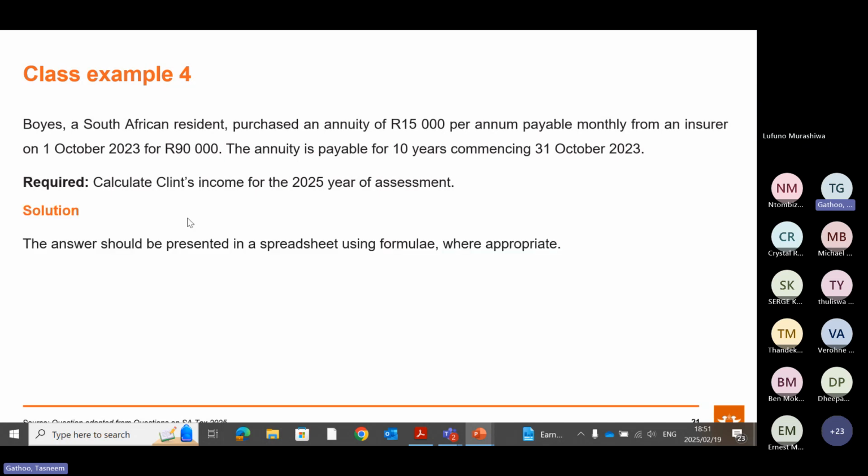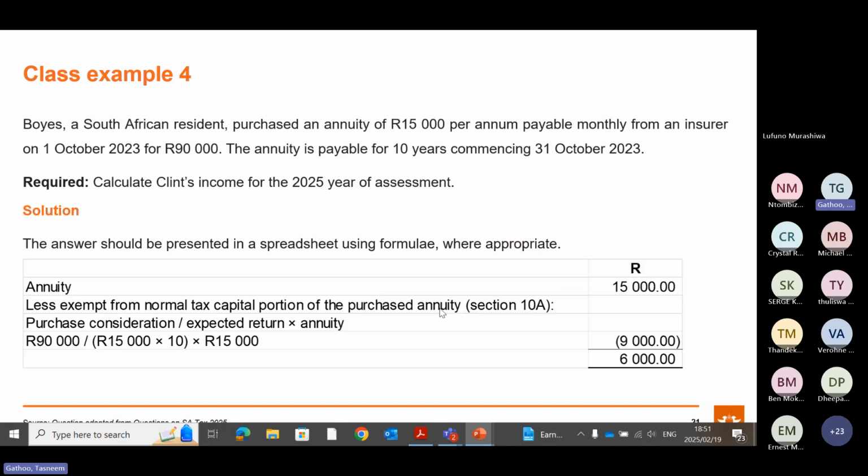What will happen is that it will auto-populate in your exam, where you will present it in a spreadsheet, but for purposes of while you practice, it's important to make sure that you use a spreadsheet with the formula where applicable.